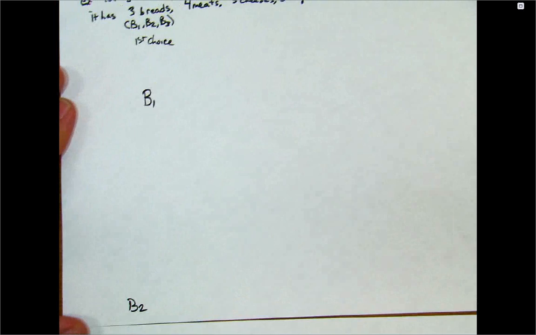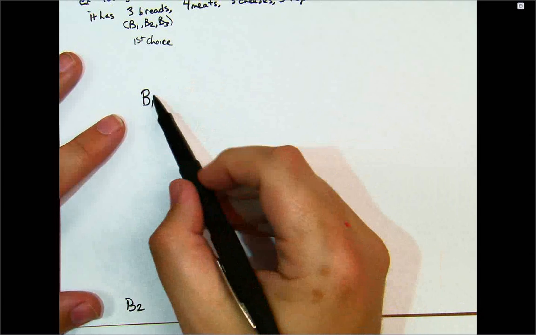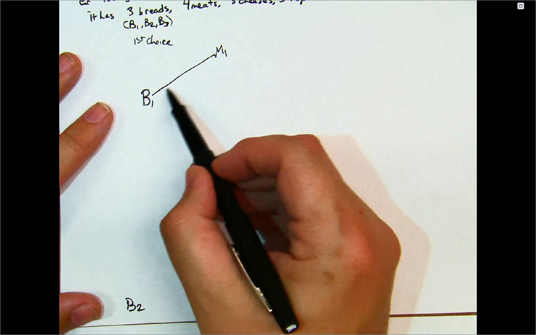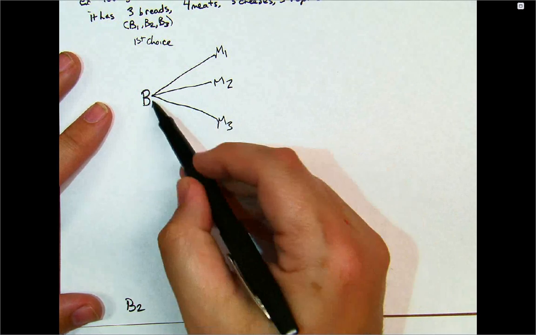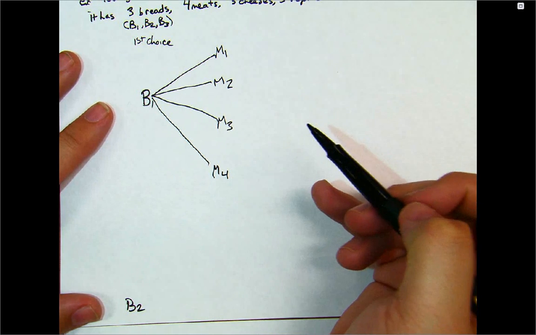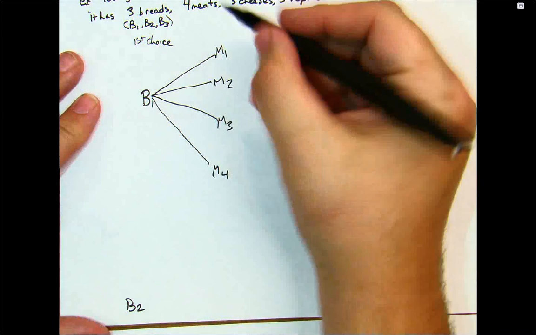Now with bread 1, after you choose the bread, how many meats can you choose? 4. So that's M1, M2, M3, and M4. So you're going to branch out from everything with each individual choice.